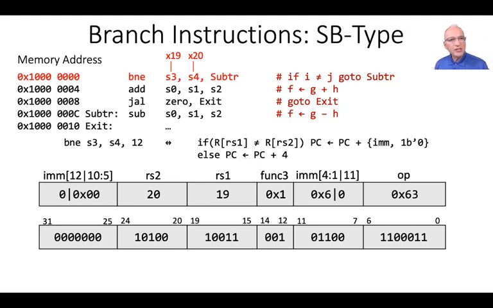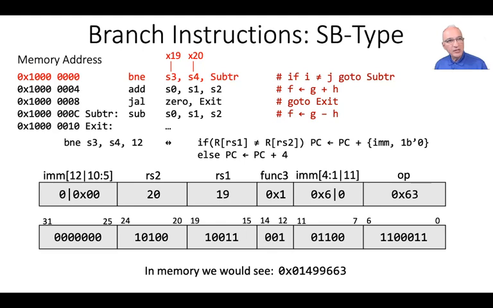So if you convert that into binary, we obtain this value in binary for the branch not equal S3, S4, and jumping 12 addresses forward, and in memory we're going to see 0x01499663.